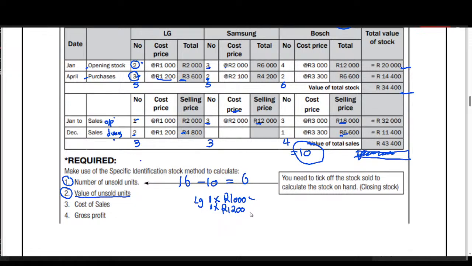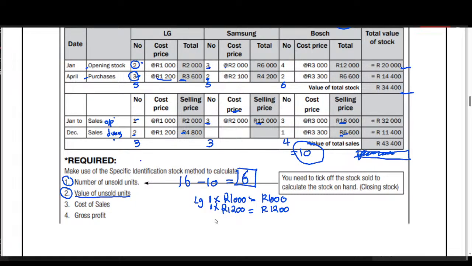Okay, so the value of these items is 1,000 and 1,200. But remember, our answer here says there are 6 units that are not sold. So far, we have seen the 2 items that were not sold. Then we leave LG. We are done with LG.